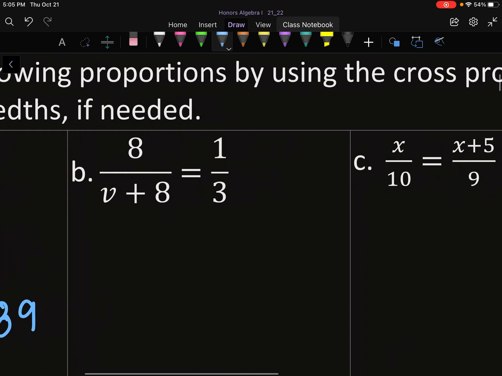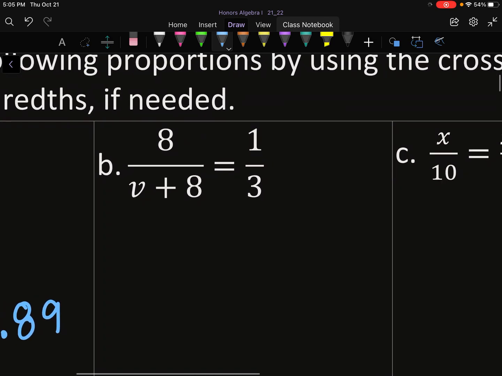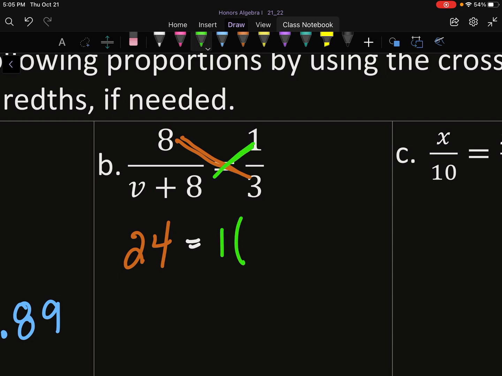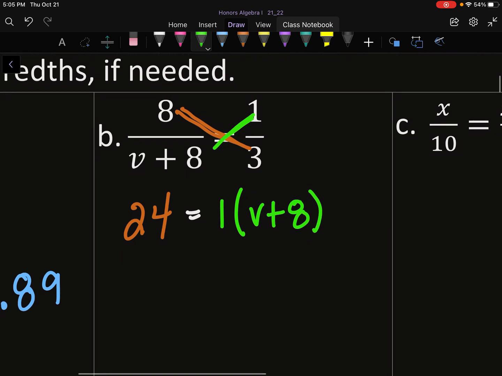All right, so how about this guy? I need to cross. I usually always start with the top left and the bottom right. That's 8 times 3, which is 24. That equals 1 times v plus 8. There's no need to put the 1 outside of the parentheses.